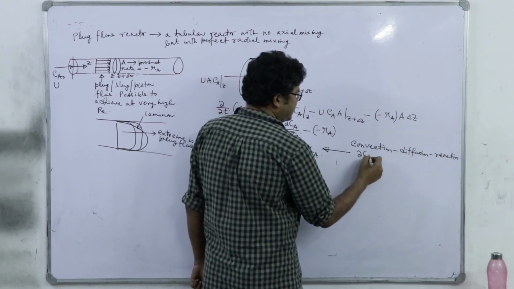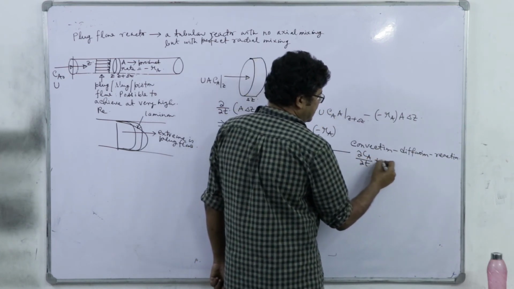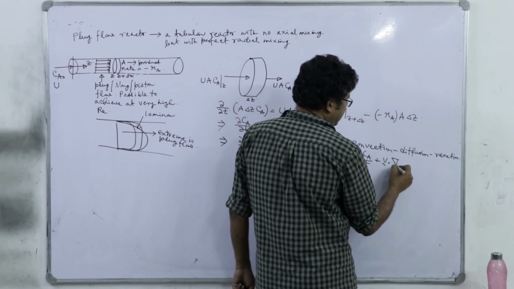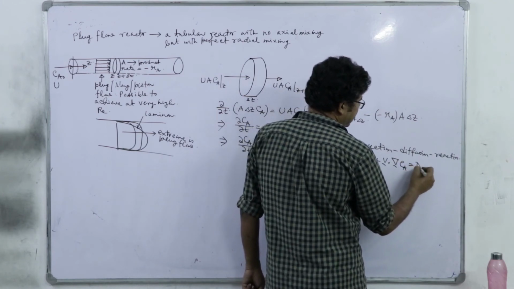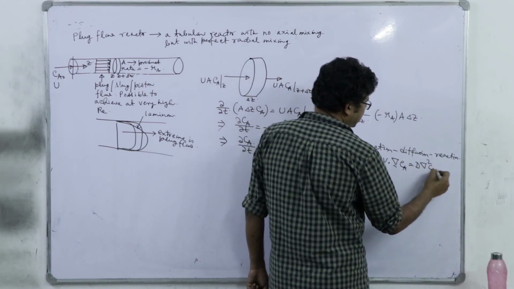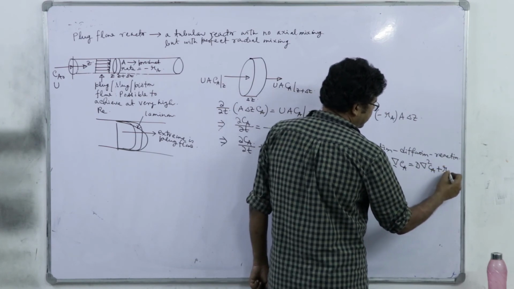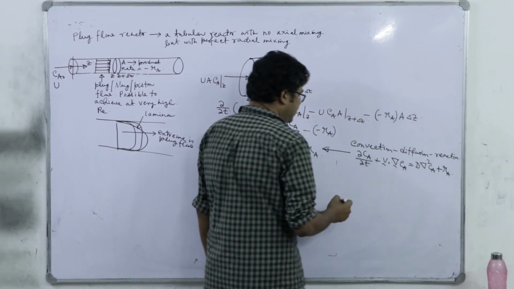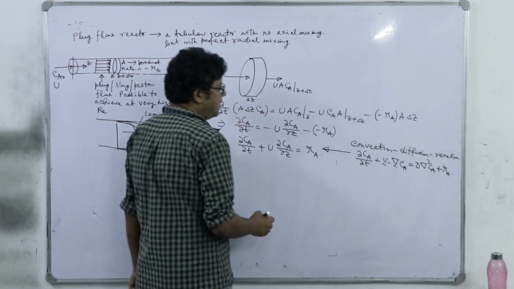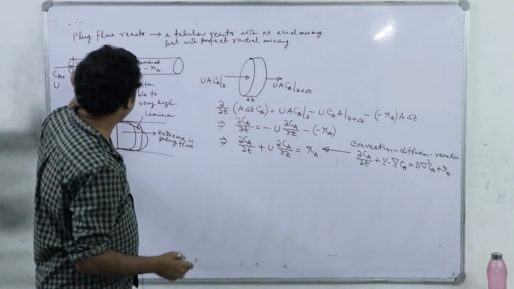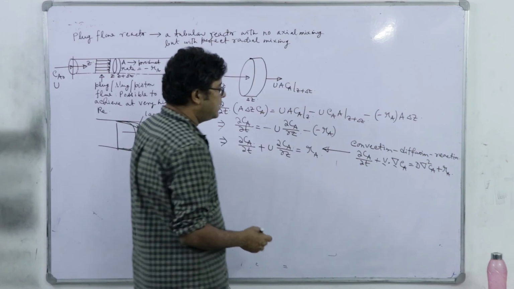So that is ∂CA/∂t plus V·∇CA equal to D∇²CA plus RA. Obviously the non-zero component of V is the axial velocity.